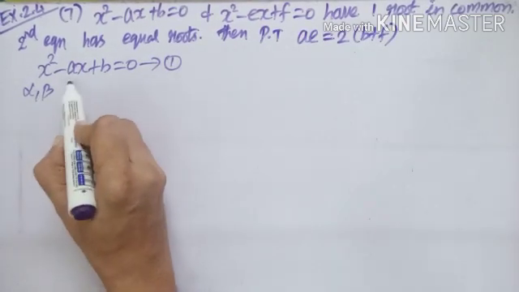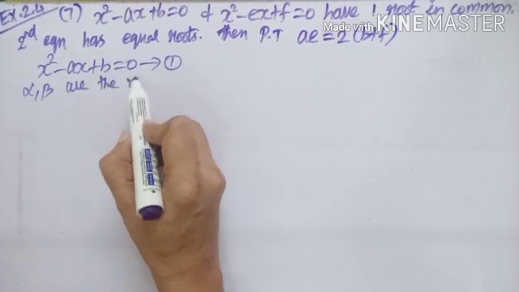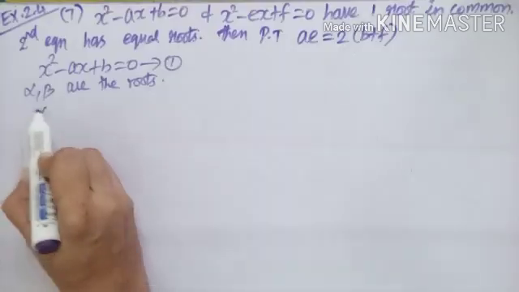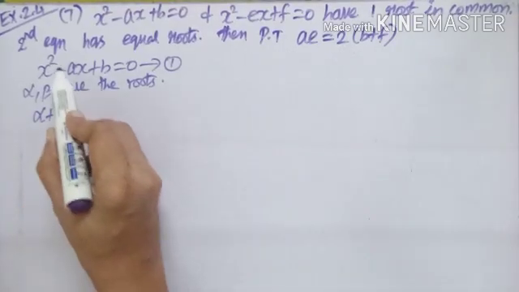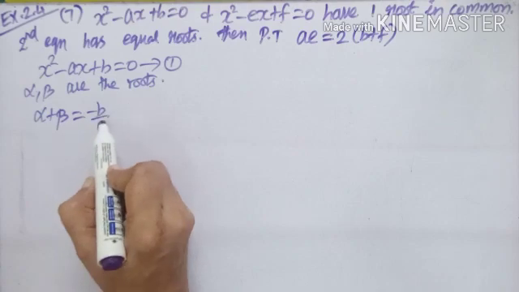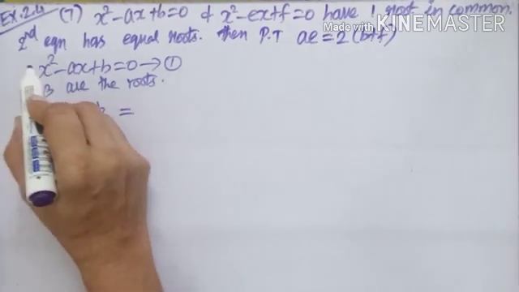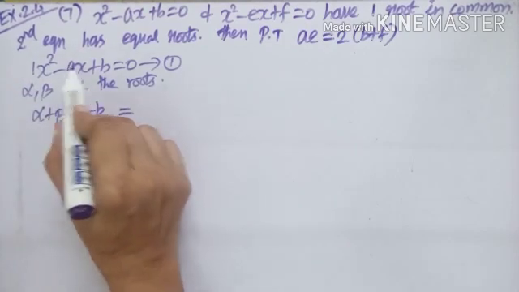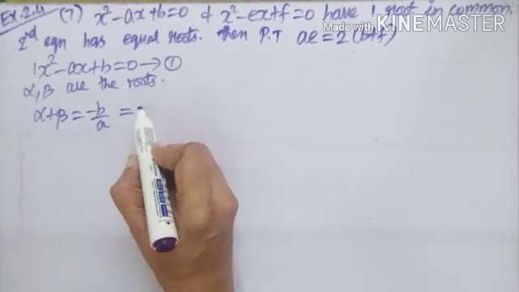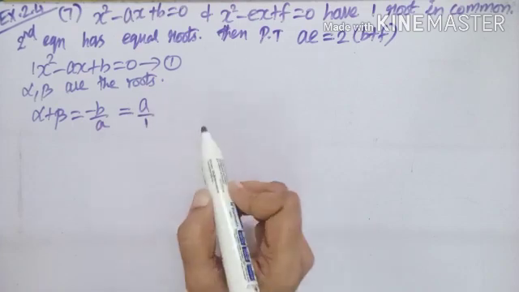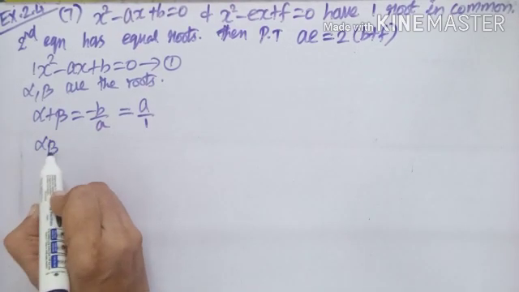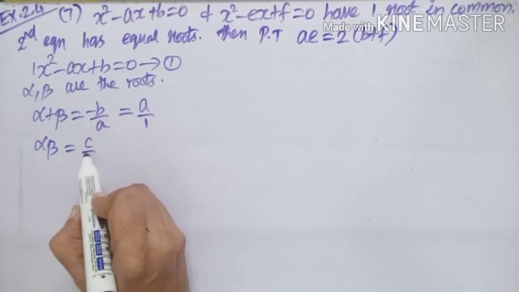Alpha, beta are the roots. Immediately we can write alpha plus beta is minus b by a. In this question, a value 1, b value minus a, c value b. So I get a by 1. Alpha into beta is c by a.